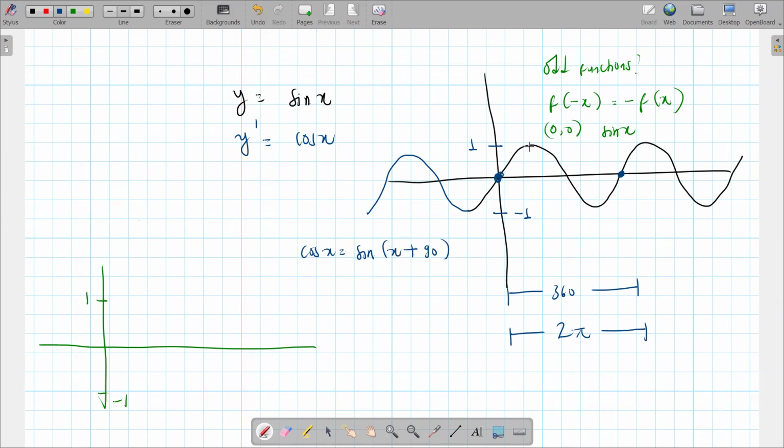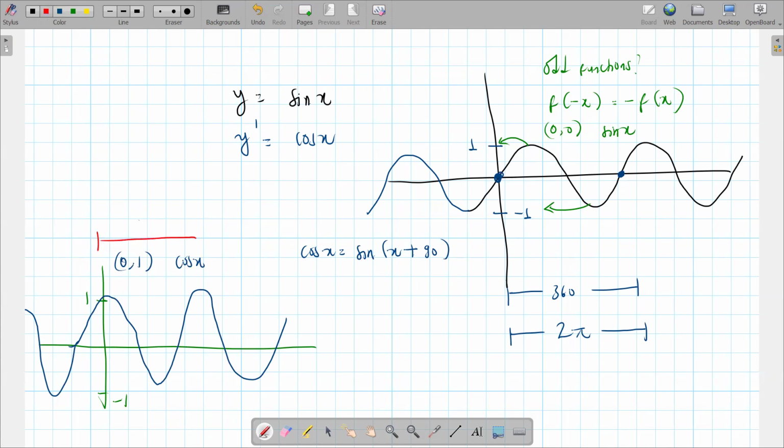So if we take this curve and move everything 90 degrees to the left, this point will come here. This point will come here. It'll end up looking like this. And this is cosine of x. Instead of going through 0, 0, the starting point is now 0, 1. The period, again, is still 360.